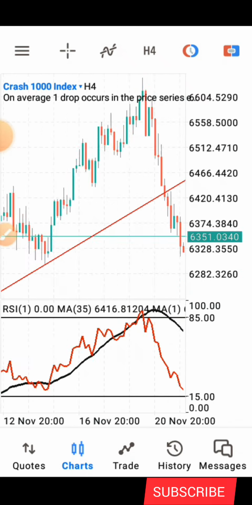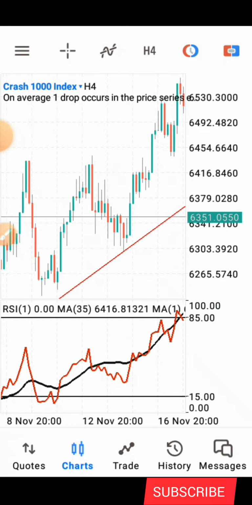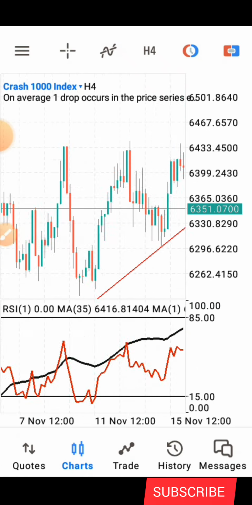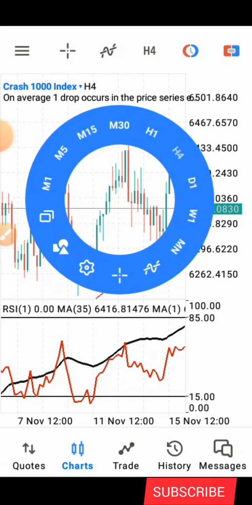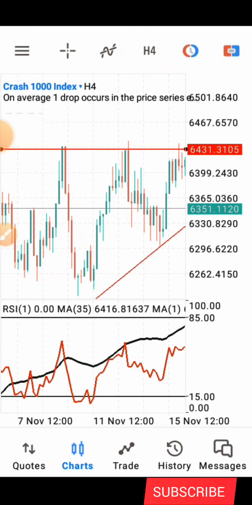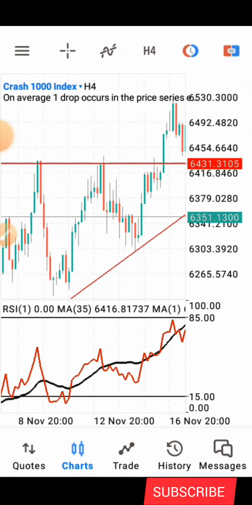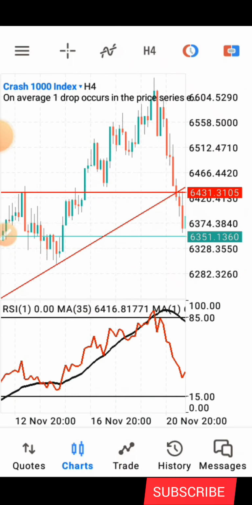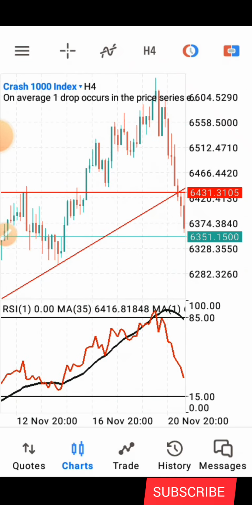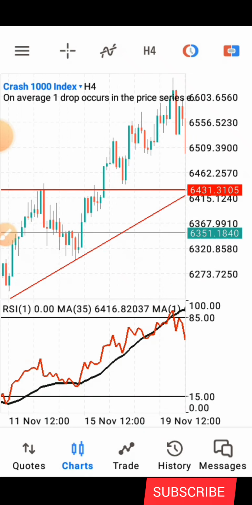Here on the daily time frame, I scroll to the left side a little bit. I want to identify the major zones. Here I can see a strong support and resistance zone. What you do is mark out the most recent. You don't need to go further, just the most recent.